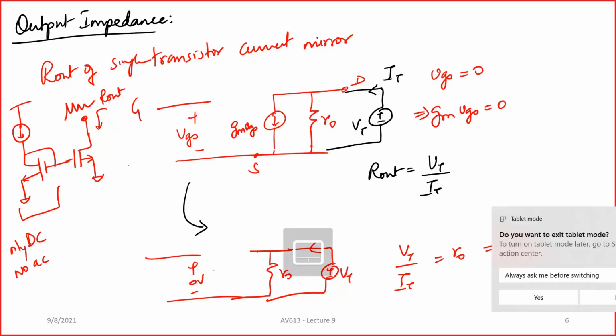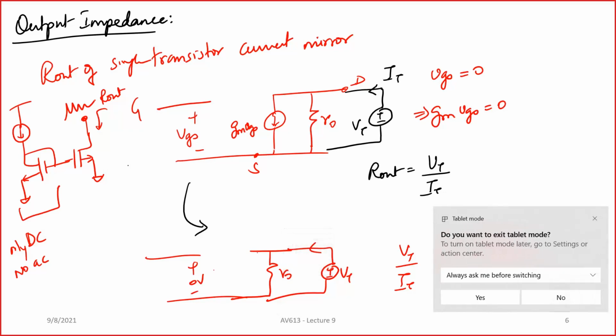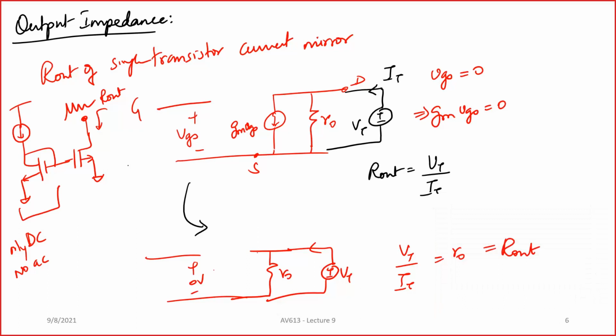Sir, can't we get this R naught from the VDS ID plot directly? Yes, you can get it. It is essentially the same. How do you calculate R naught here? R naught is calculated through the VDS ID plot, right? Yes, sir. Yeah, it's essentially the same. This is the small signal way of hand analysis; there you look at the simulator.